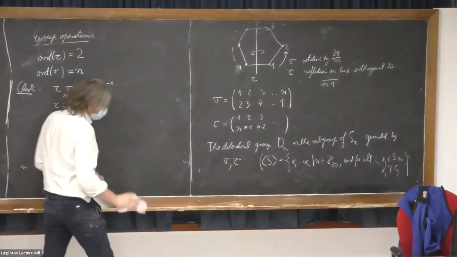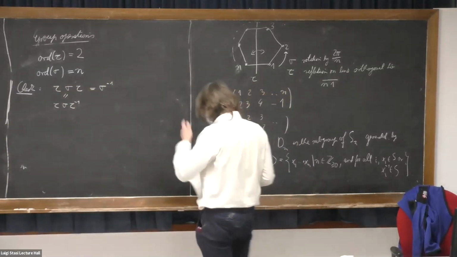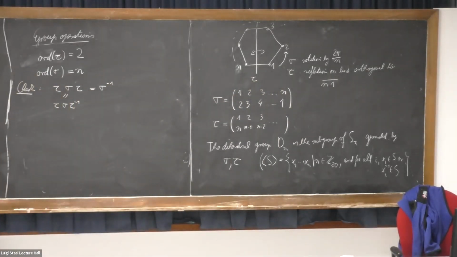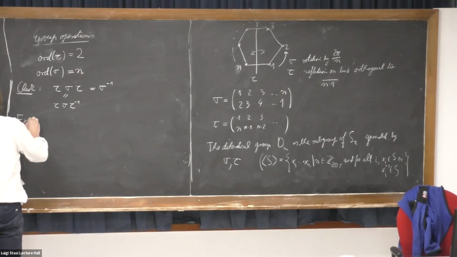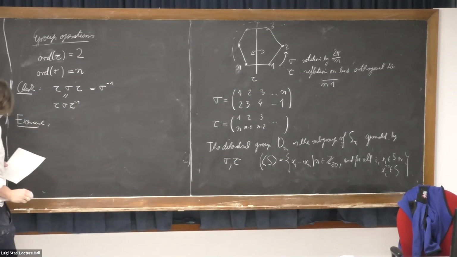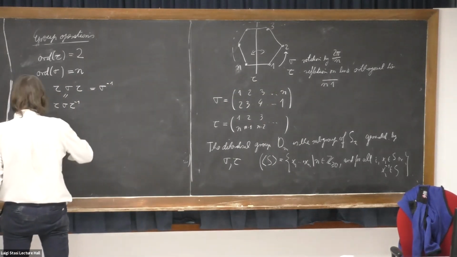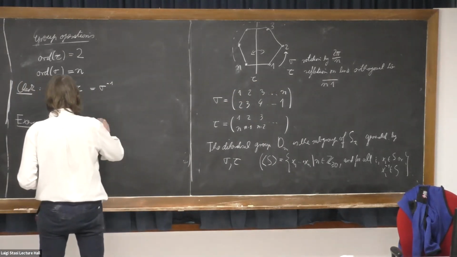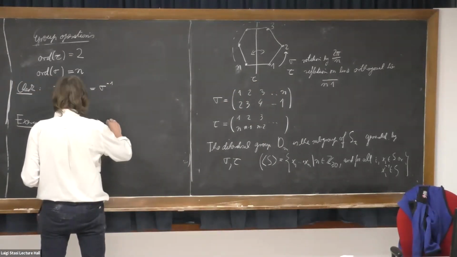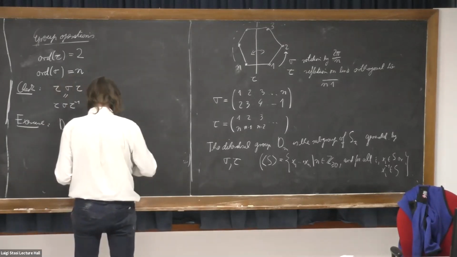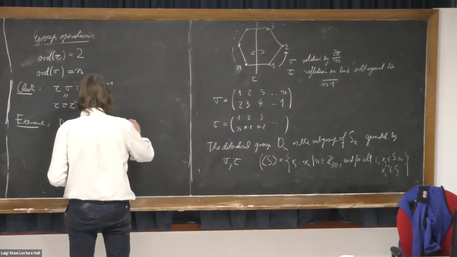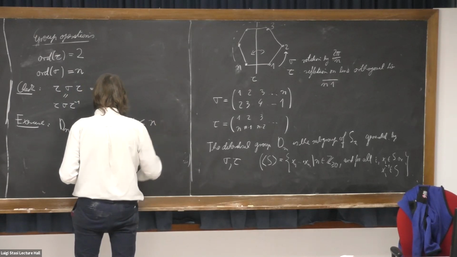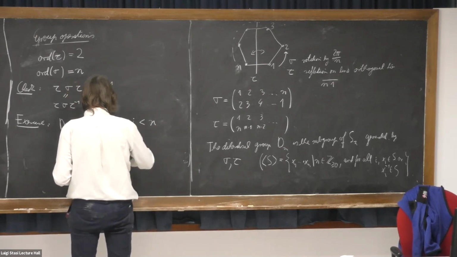And so this is enough to describe this behavior completely, and we can easily see from this that D_n can be described as the set of all sigma to the i, tau to the j, where i lies between 0 and n minus 1, and j is between 0 and 1.